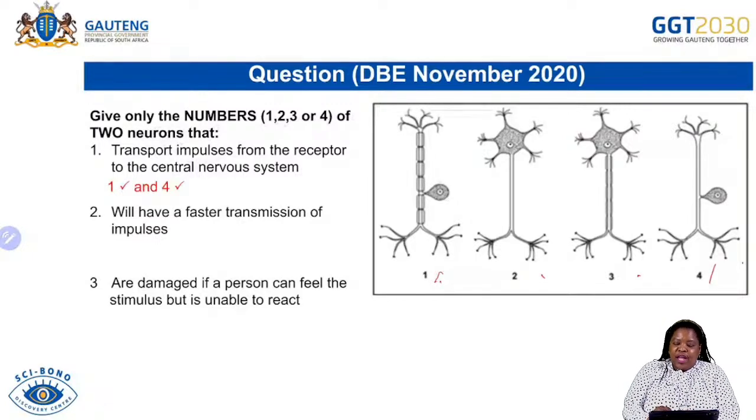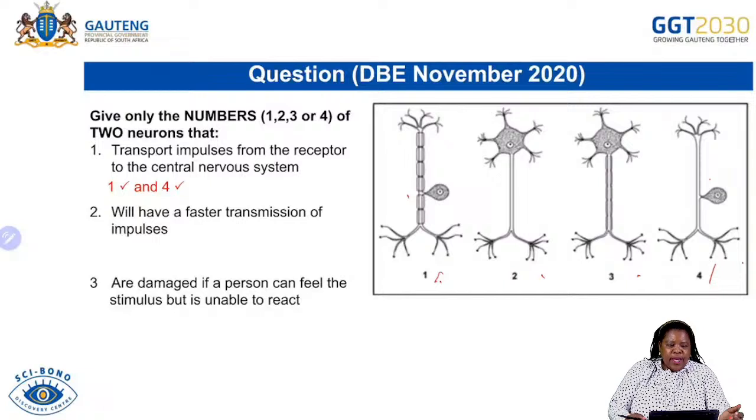Remember, by looking at the position of the cell body, we can tell it is the sensory neuron. Okay? Give two neurons that will have a faster transmission of impulse. Remember, for faster transmission of impulse, we'll be looking at what? At the axon that is covered by myelin sheath. All right?